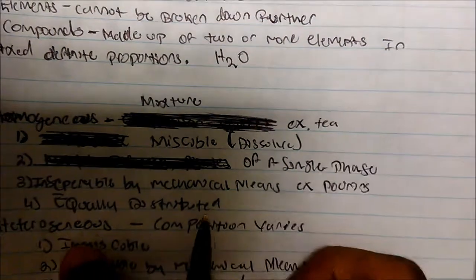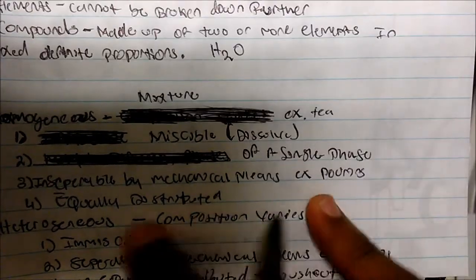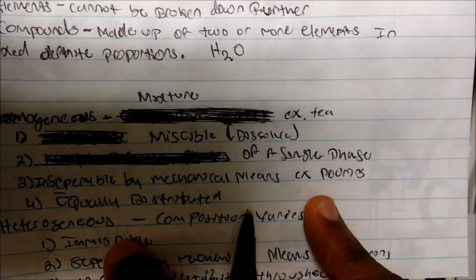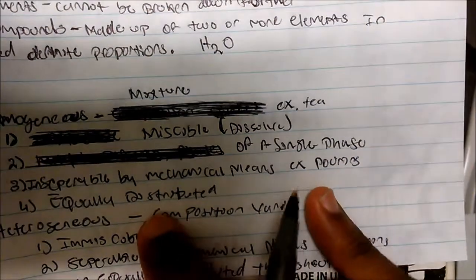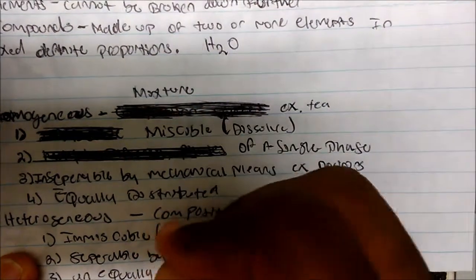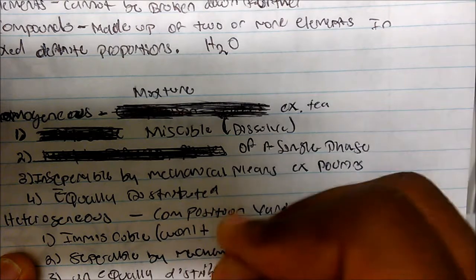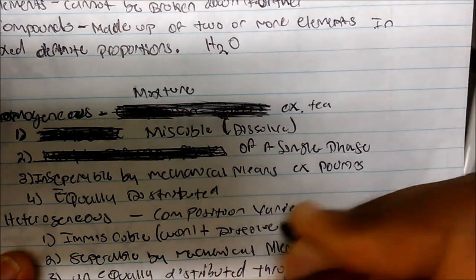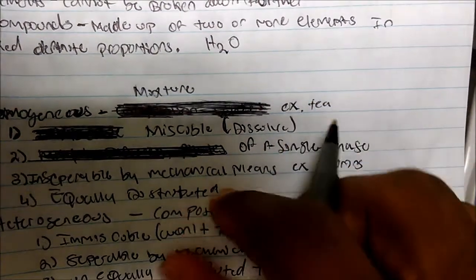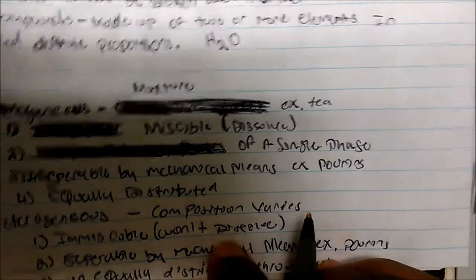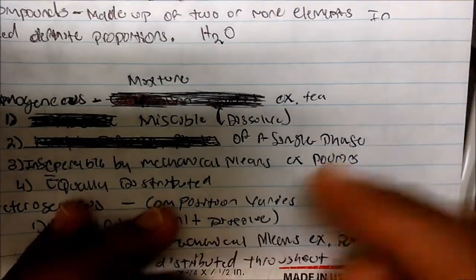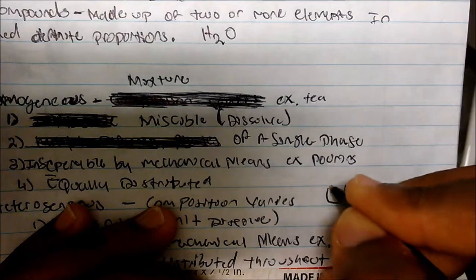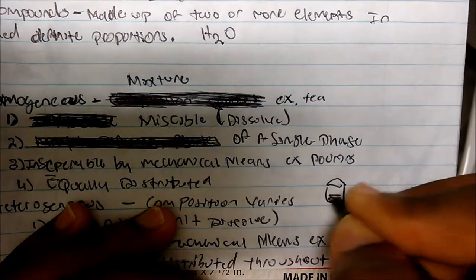Now for heterogeneous mixtures, the composition varies. We say that these are immiscible, which means that they won't dissolve. And they're separable by mechanical means. Notice our example of a beaker with sand and water.